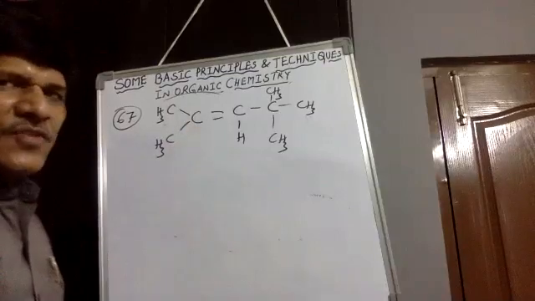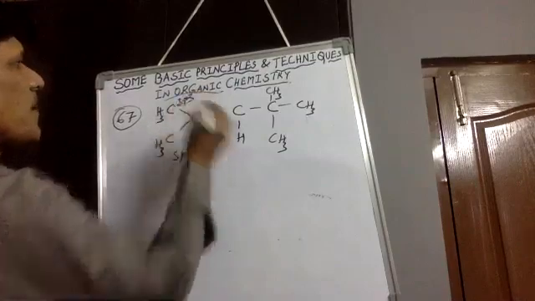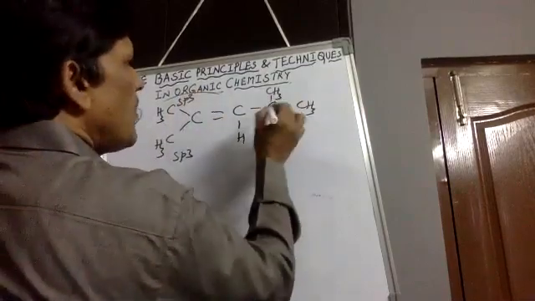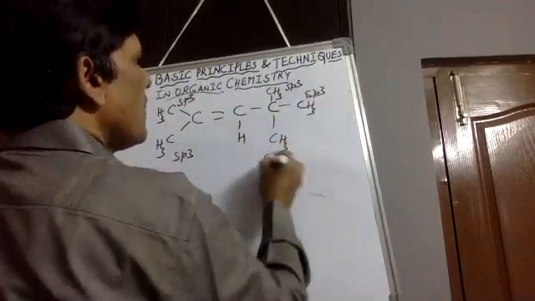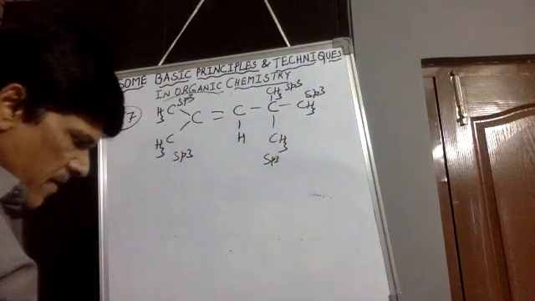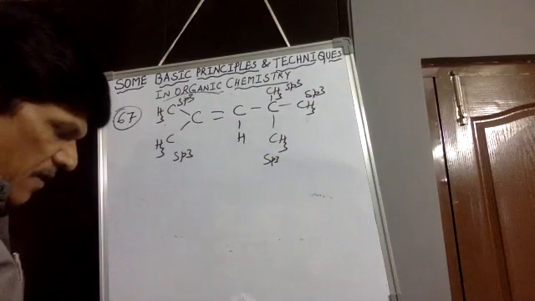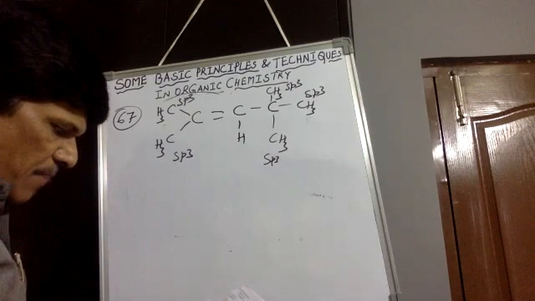It should not attach with a double bond or triple bond. This is sp3, these are attached with the double bond, and that is triple bond, sp3, sp3, sp3. Then we can identify how many sp3 hybridized carbon atoms are in the given compound.